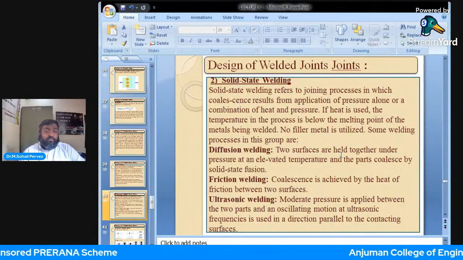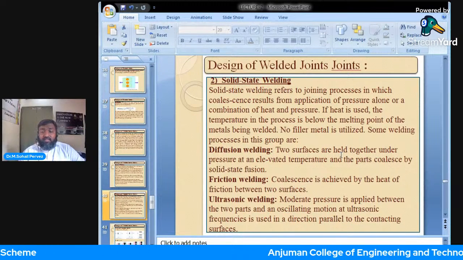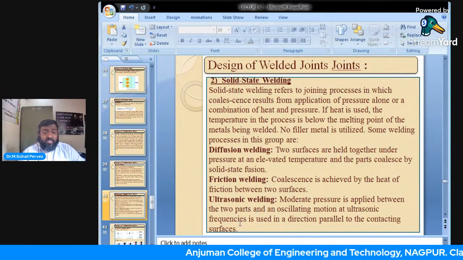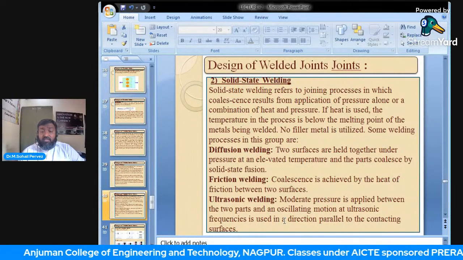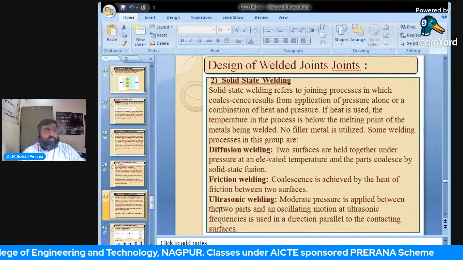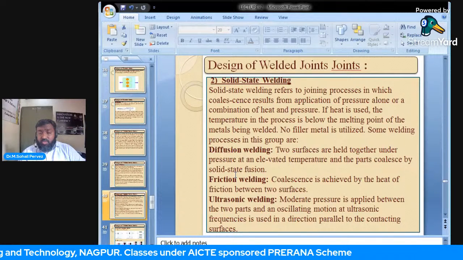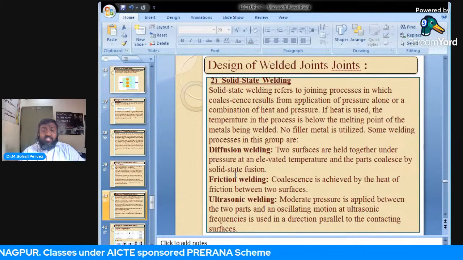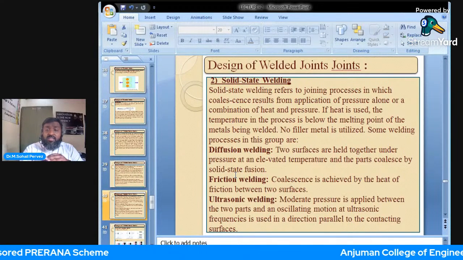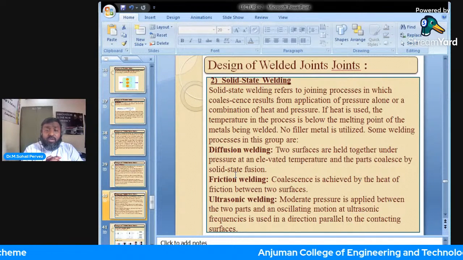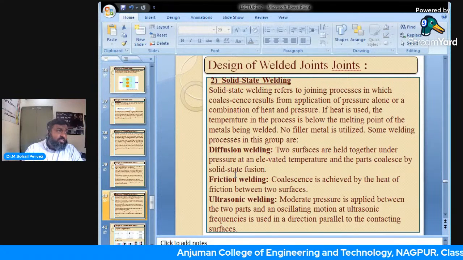Solid state welding. I don't think it is a new type of welding, because ultrasonic welding we have studied and heard. Friction welding we have heard in our UG course syllabus. Solid state welding refers to joining processes in which coalescence results from application of pressure alone or a combination of heat and pressure.